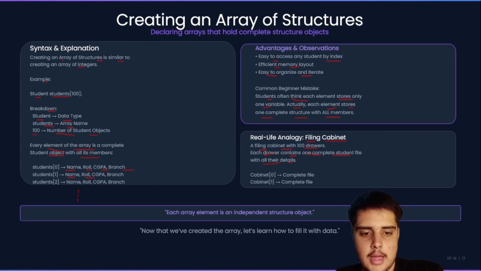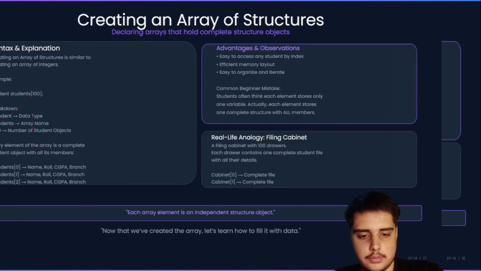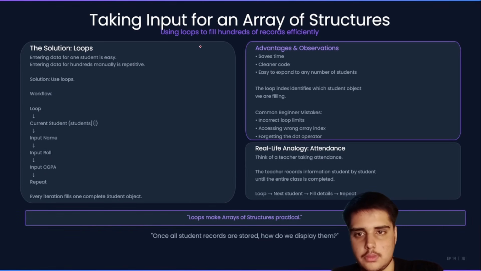Now coming back to our presentation, take an input for an array of structures using loops to fill hundreds of records efficiently. The solution is loops. Loop, current student, input name, input roll, input CGPA, and repeat. So every iteration fills one complete student object.